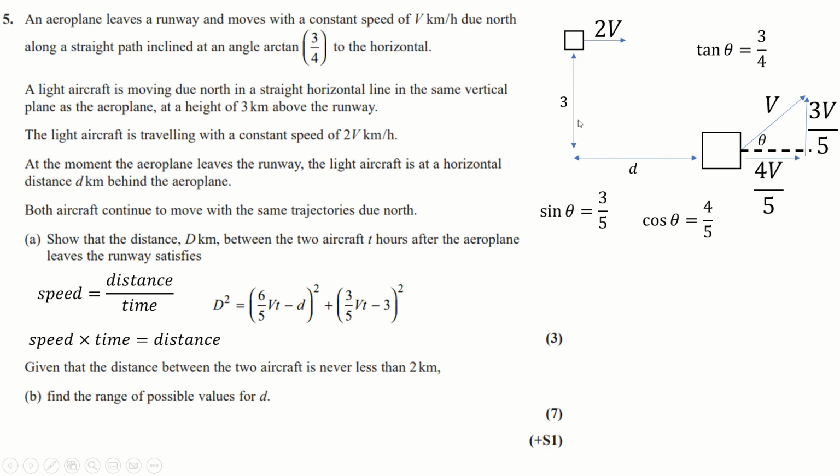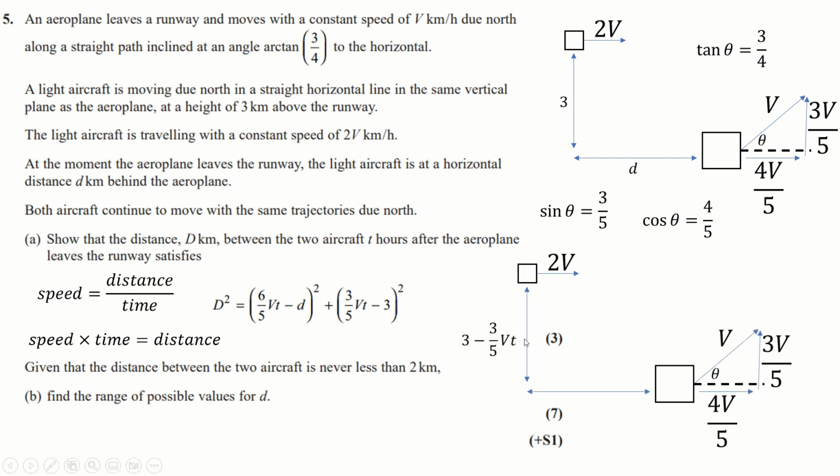So this gap will have gone down to 3 minus 3v over 5 t, and that would be our new vertical gap. And likewise with the horizontal, the new horizontal gap will be d minus, well, this one's closing the gap, isn't it? So d minus 2v times t, and then this one's widening the gap, so plus 4v over 5 times t.